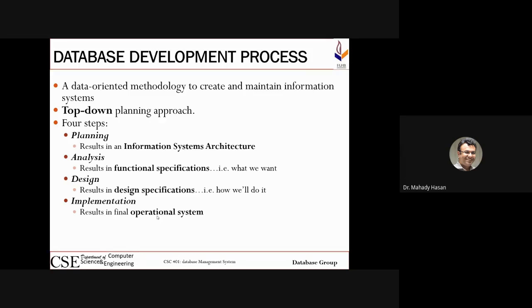In database, we design through ER diagrams and normalization. These are the techniques we use for designing. And finally, we implement the system. These are the typical four phases of a database system.